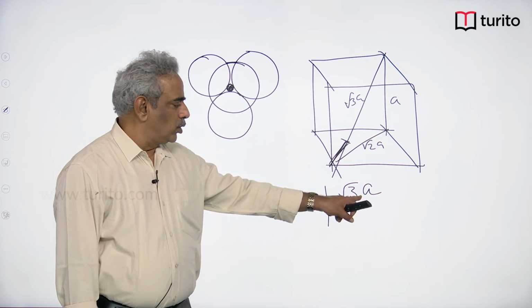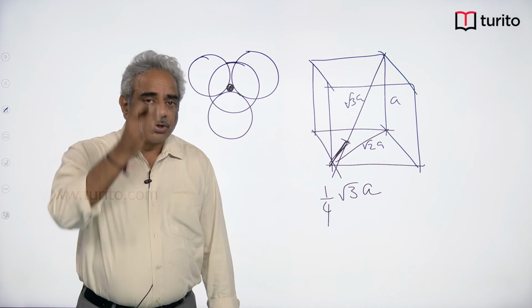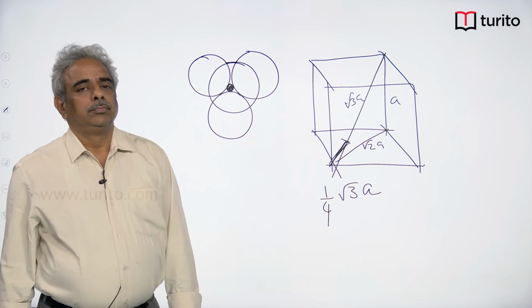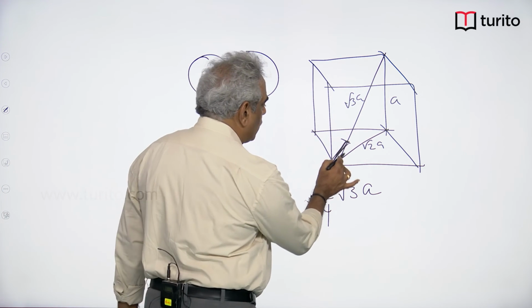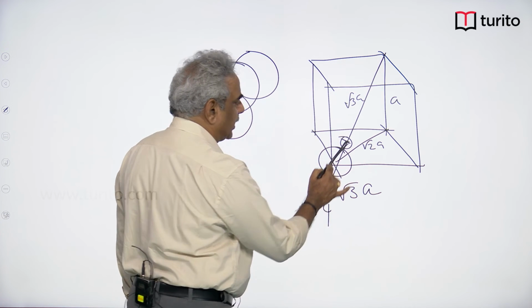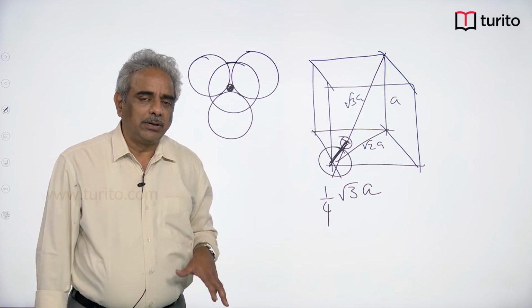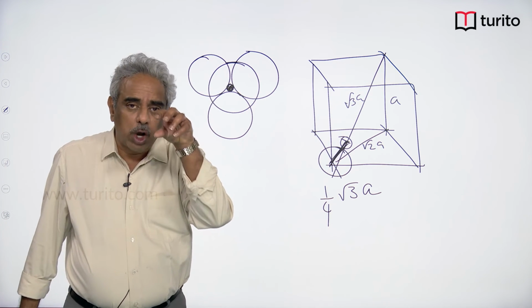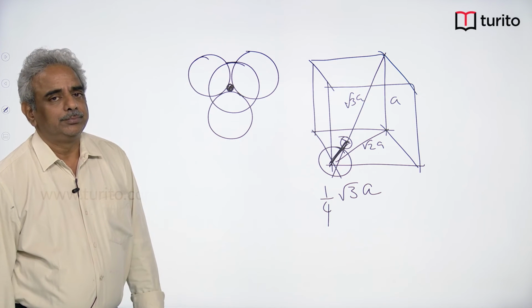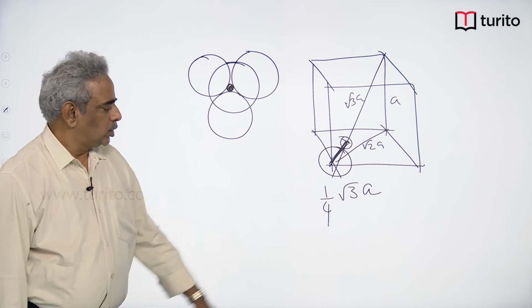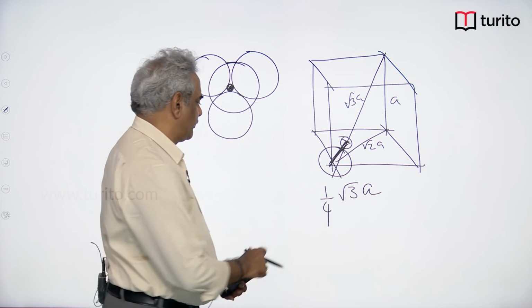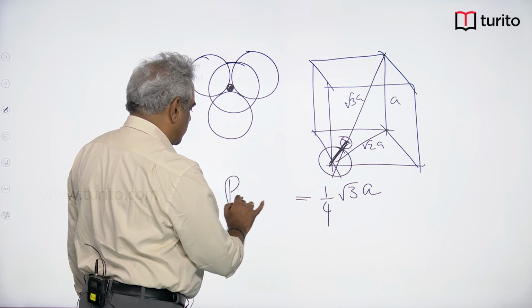So the body diagonal is root 3a, out of which you should cut 1/4. That 1/4 will have what? That big sphere and small sphere. Big sphere is the one which is making the unit cell. Small sphere is the one which is occupying the tetrahedral void. So this makes my capital R plus small r.